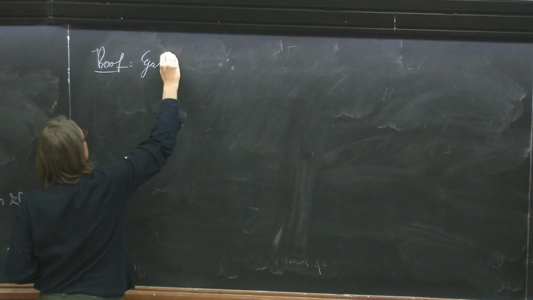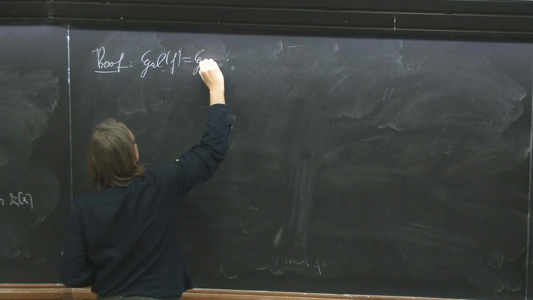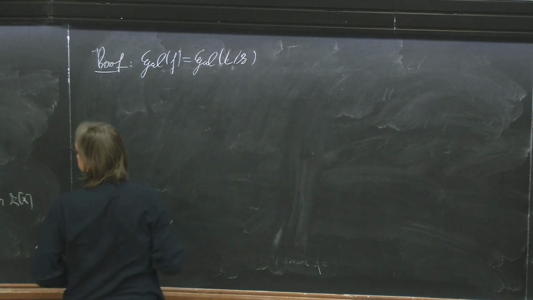So the Galois group of f, the Galois group of L over k, where L is the splitting field.